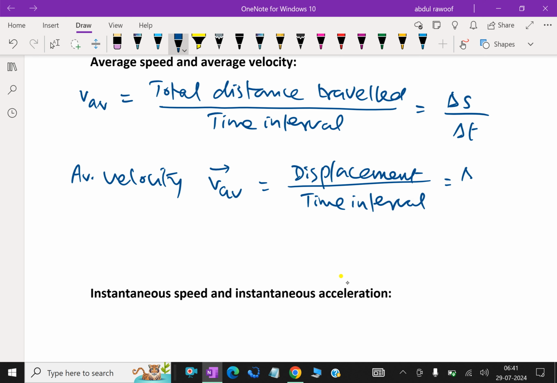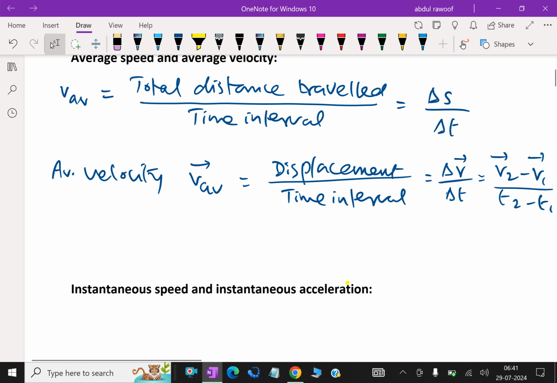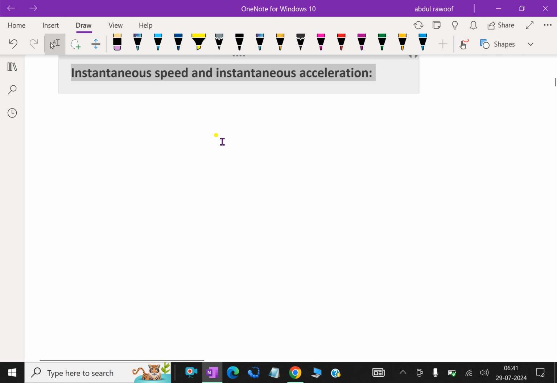Here delta R vector over delta T. Then we can say it is R2 minus R1, final position vector minus initial position vector, over final time minus initial time. This is the formula.